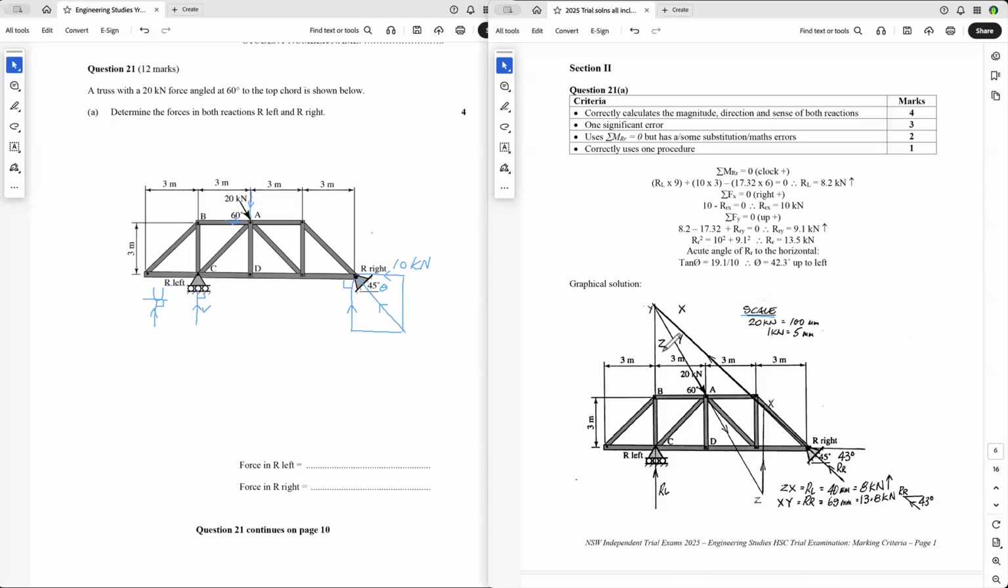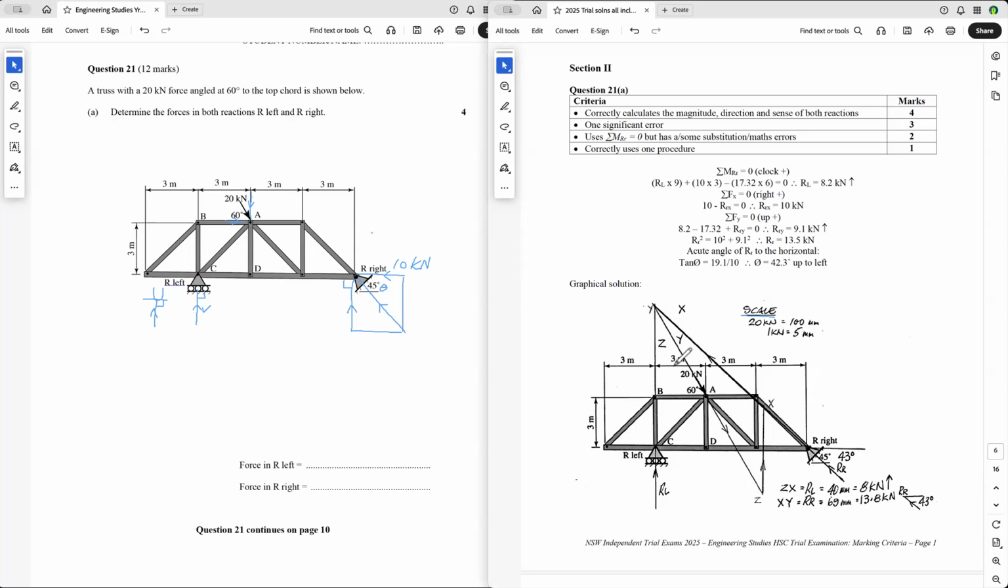And then you start off with the known force. So you start here, and you know that's 20 kilonewtons, and that equals 100 millimeters. So you draw that 100 millimeters long, make sure it's accurate. And so that force is YZ. So you put little y, little z down there.